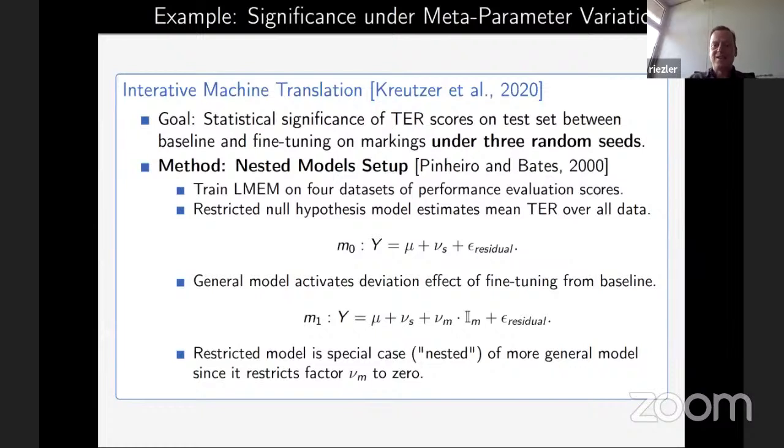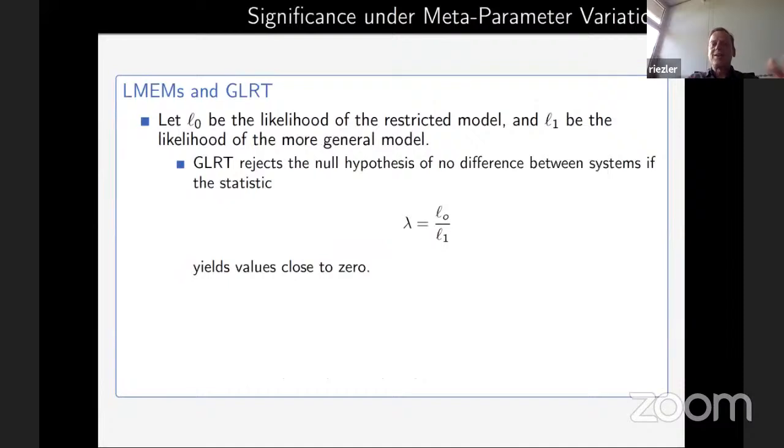The nice thing about it is you just compute the likelihood of one model and the likelihood of the other model for all the data that you have collected. And the likelihood ratio test tells you to reject the null hypothesis that there is no difference if this statistic yields a value close to 0. There's more to say about it, but it's a very simple test.